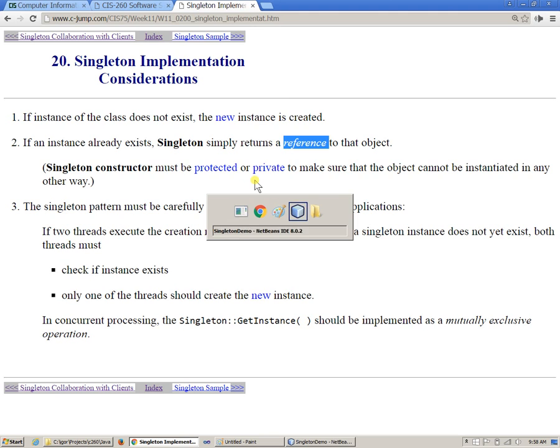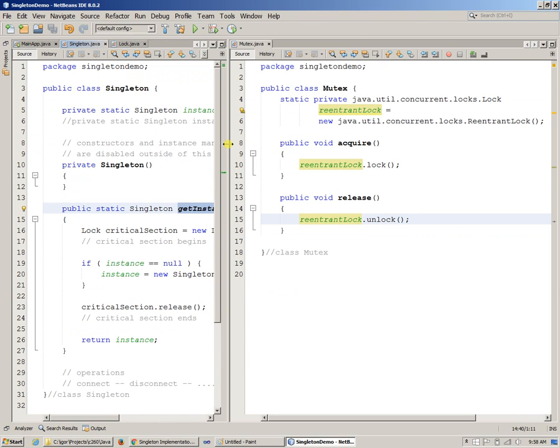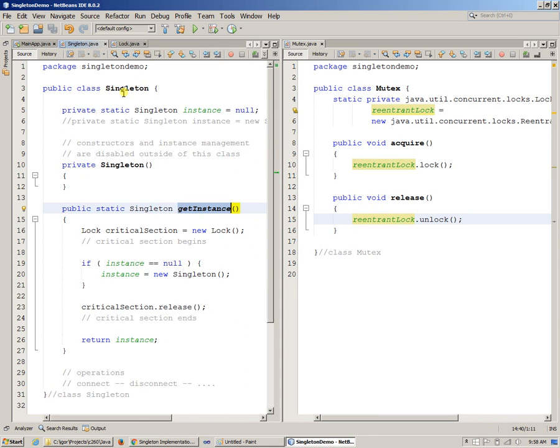That's a very simple point, but an interesting one: sometimes you want to rely on the model of the singleton and be able to further extend its implementation. You could use different kinds of singletons in your system.